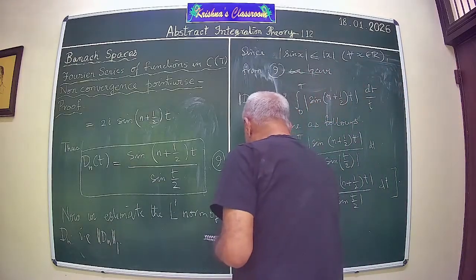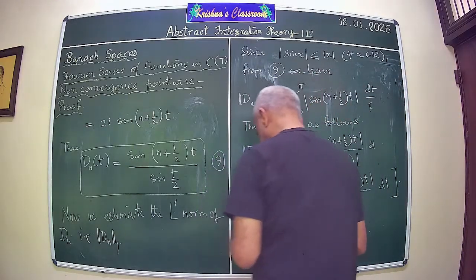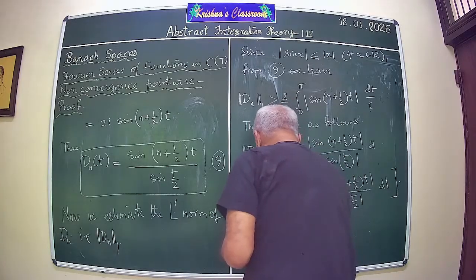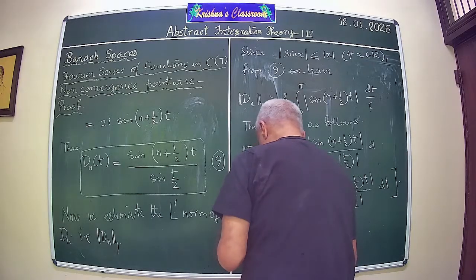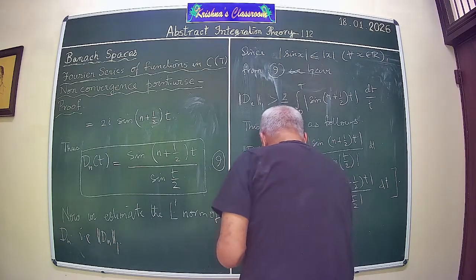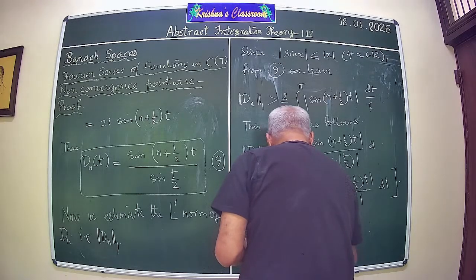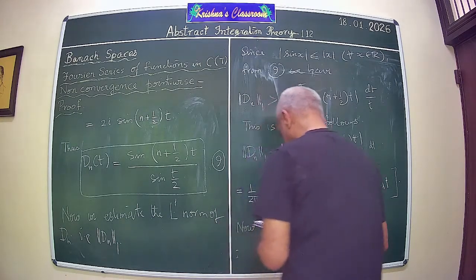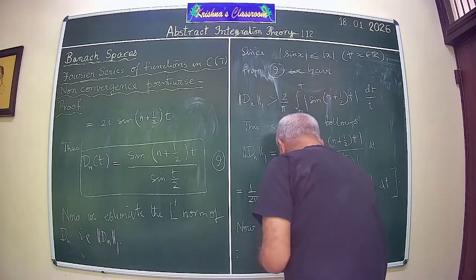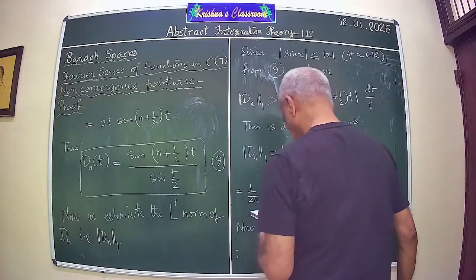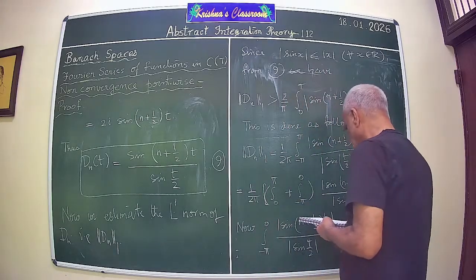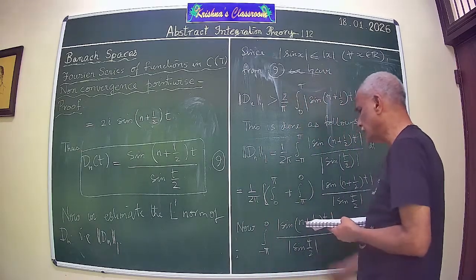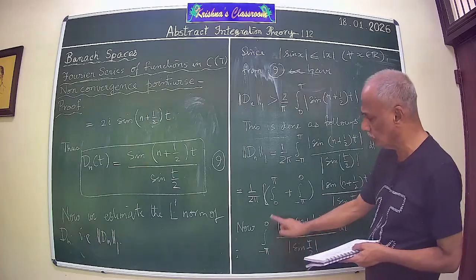Now what we have is this integral minus pi to 0 mod sin n plus. Suppose we change the variable and we want to go to 0 to pi.